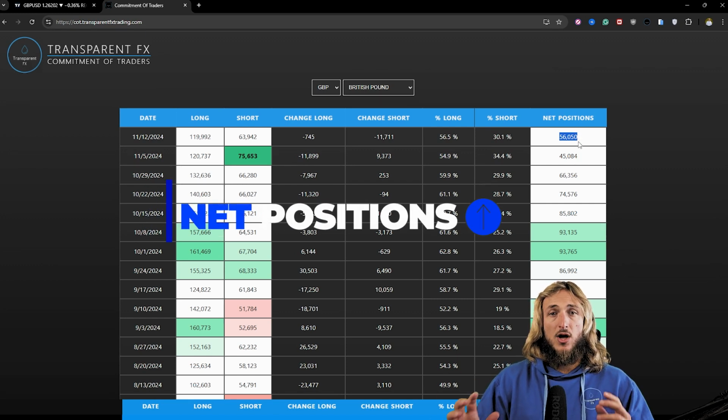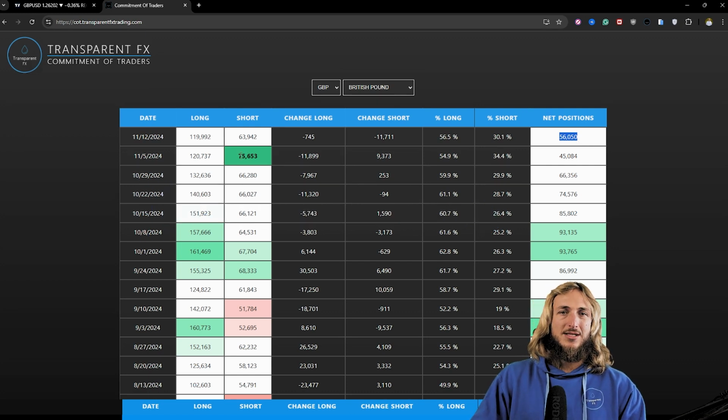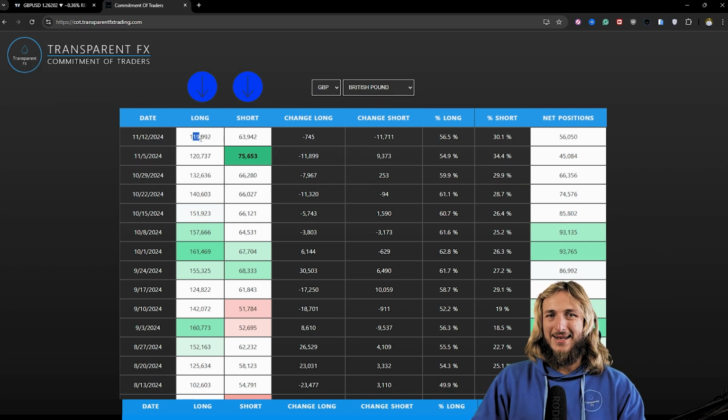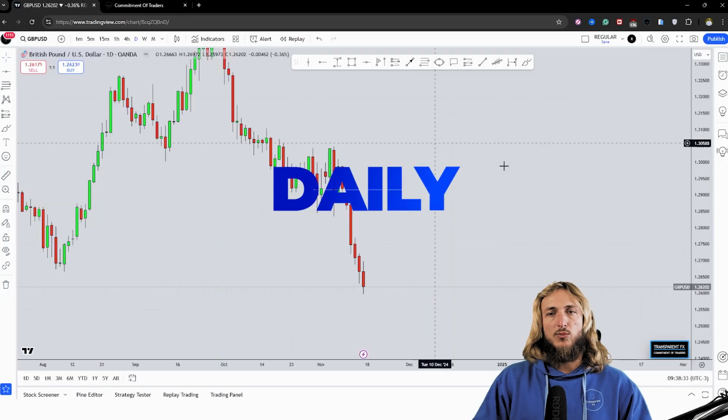So institutions have started moving back to the bullish side for the GBP. Shorts decreased from the peak at 75k down to 63k, and we already have more longs than shorts, with 119k longs compared to 63.9k shorts from an institutional perspective on GBPUSD. So let's keep this in mind and move back to the chart.